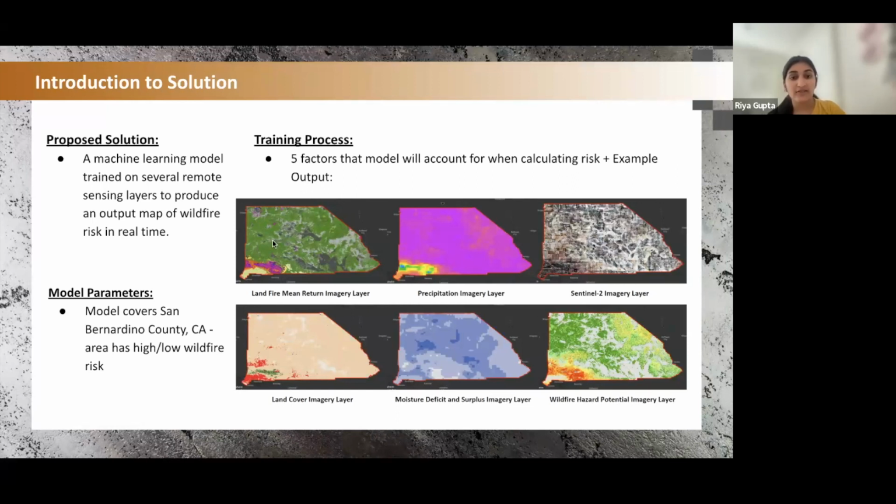So our first one is the LANDFIRE mean return, which shows average fire return in an area; precipitation, which shows annual rainfall; our Sentinel-2, which is from the ESA's Sentinel-2 satellites to show what land formations are in the area; land cover, which shows how humans are using the land, for example, vegetation, agriculture, and residential areas; moisture deficit and surplus, which shows areas of high moisture and areas of high drought, which will be correlated with wildfire risk. And lastly, our output, which is provided by the USDA Forest Service, shows once again what an ideal result would look like.